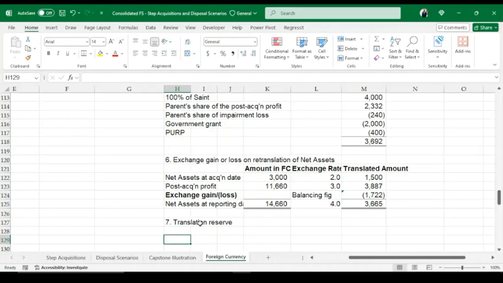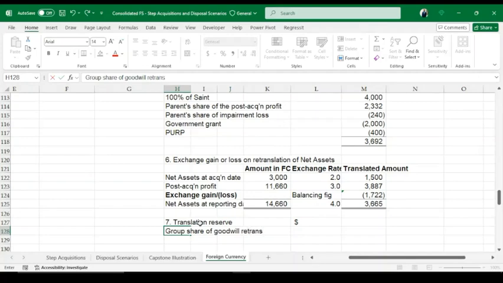So let's come here. We are going to have our dollars. Let me put my dollar sign here. All right, so we'll have group share of goodwill retranslation.